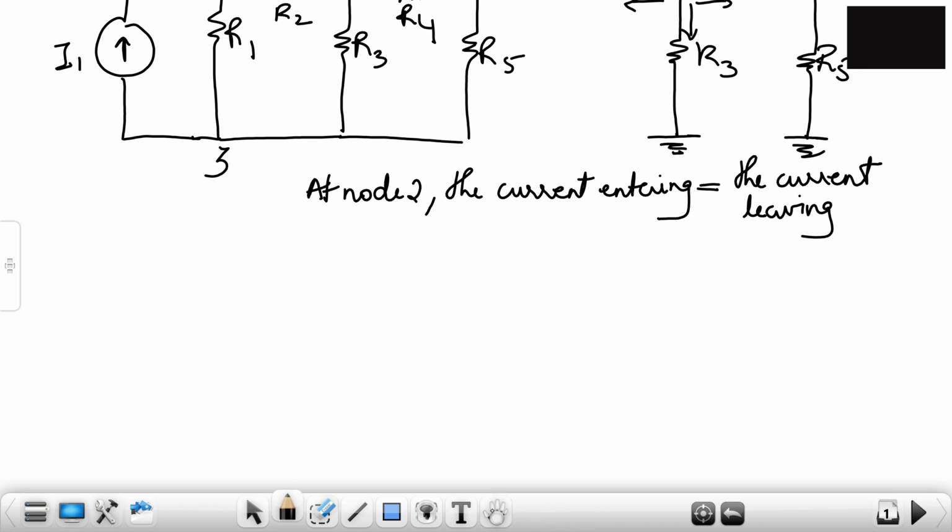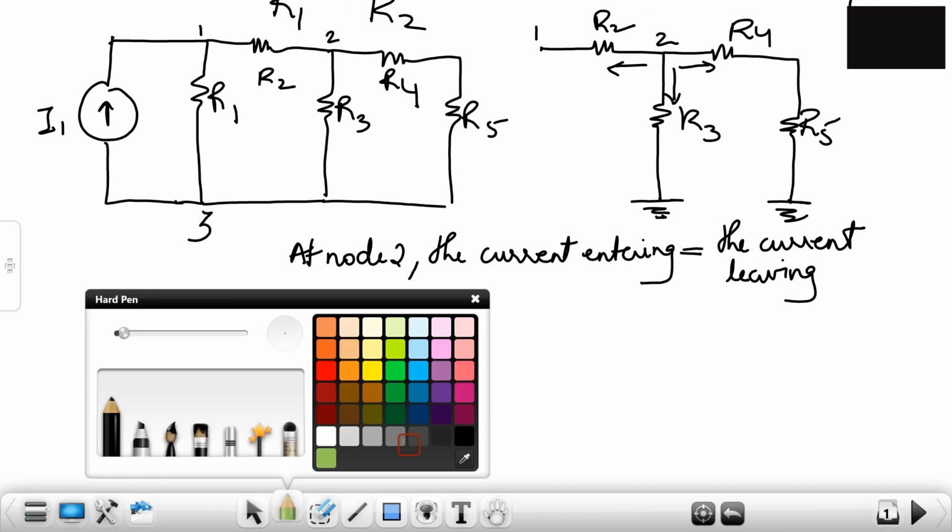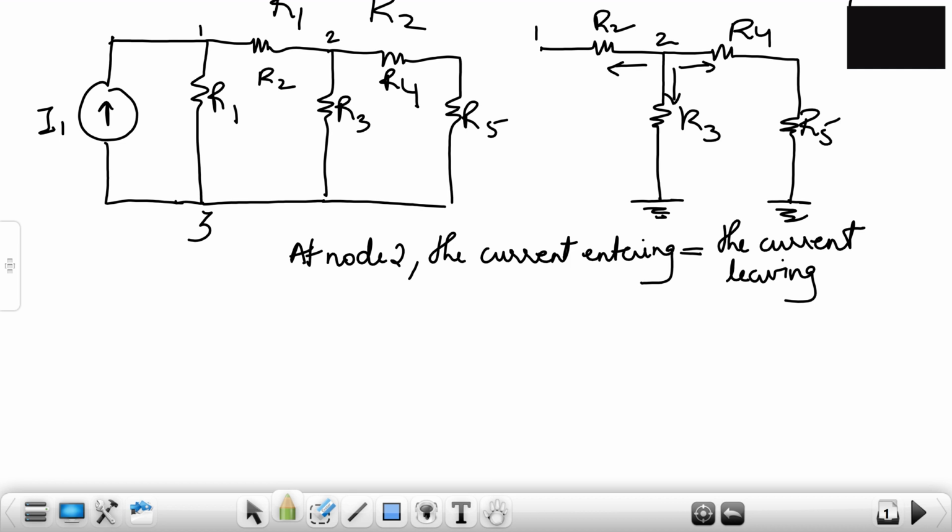So let's write the equations. The equations with respect to node 2. So if you consider the node 2, it will be voltage at node 2 minus the voltage at node 1 upon R2, voltage at node 2 upon R3 plus the voltage at node 2 upon R4 plus R5.